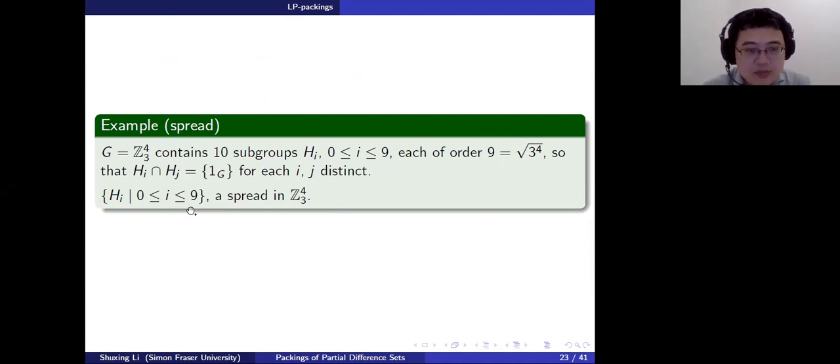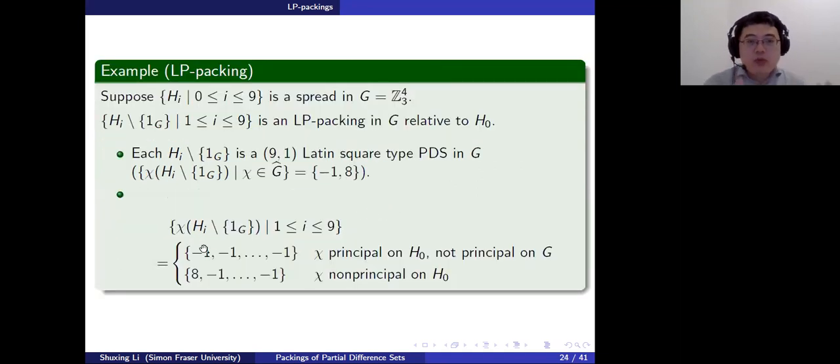So those 10 subgroups form a spread in our group. And we can modify our spread to get our LP packing. Take the spread. For the last 9 elements, we throw away the identity. This gives us a collection of 9 members. Those 9 members form an LP packing in group G relative to the first group H_0 we haven't used.